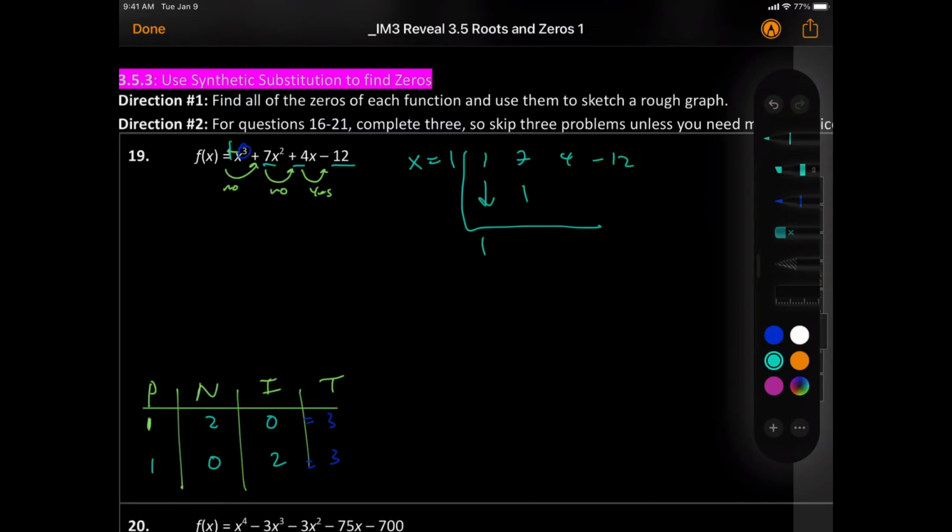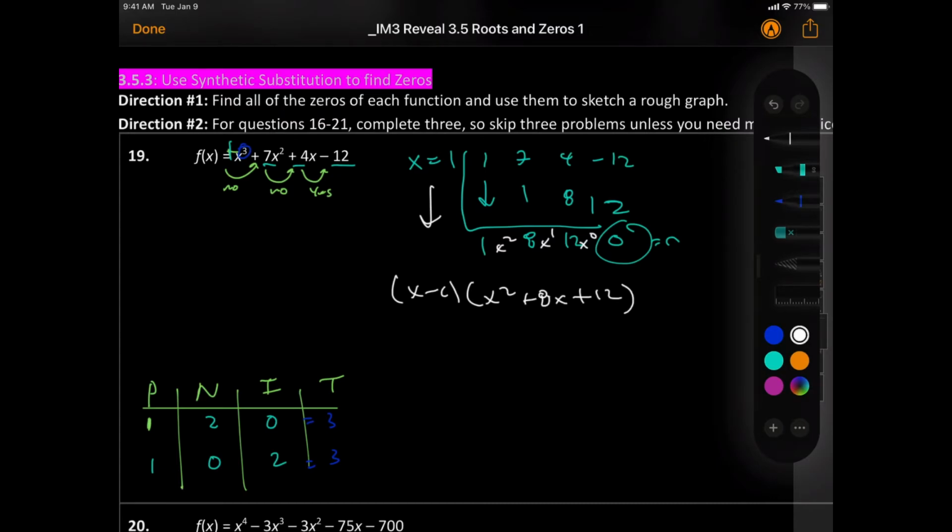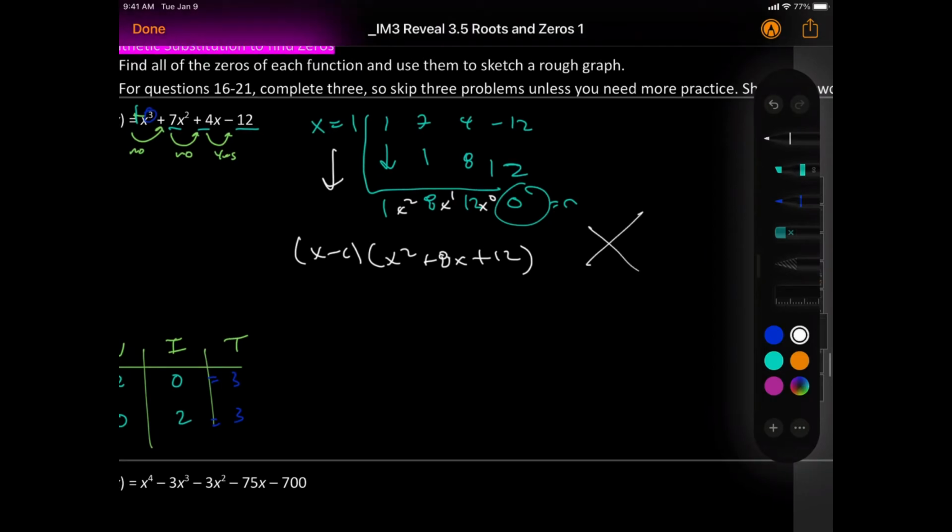Multiply, add down, multiply, add down, multiply, add down. So your remainder is 0. This is x to 0, x to the first, x to the second. And so you have x minus 1, x squared plus 8x plus 12. And it looks like it's factorable. I think a times c, b value is 8, 4 and 3, 6 and 2.